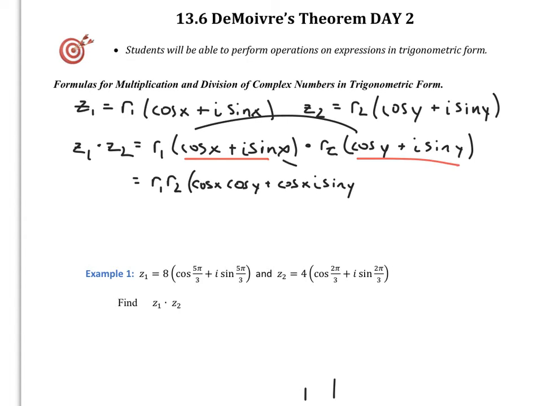Now the inside terms, which is cosine of y times i sine x. Then the last terms, i times i, so I have i squared, and then sine x sine y. It got a little jumbled at the end, so that's i squared sine x sine y.